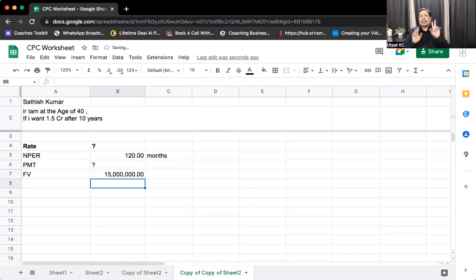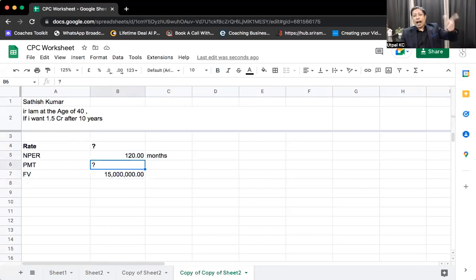Now you see there are 2 factors. Out of these 2 factors, we must have an idea about one of them. Either we must know the rate or we must know the PMT. If you say, every month I can invest this much, then we will put this figure here.